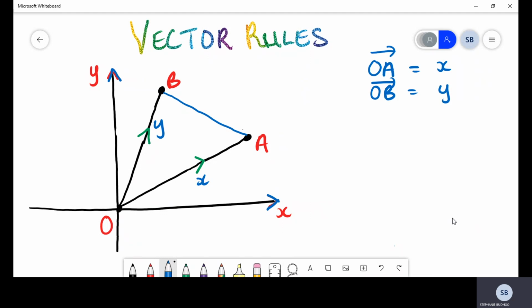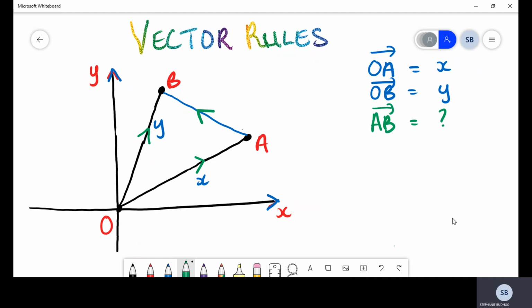If I draw some arrows on there to represent direction, we have another vector starting from A and stopping at B, and we don't know its magnitude.